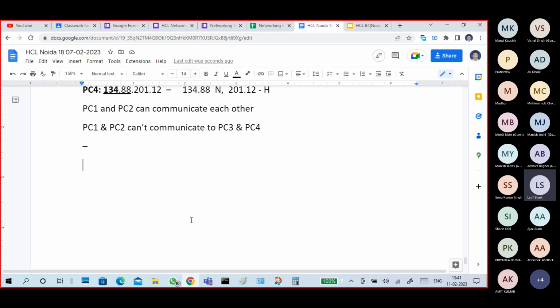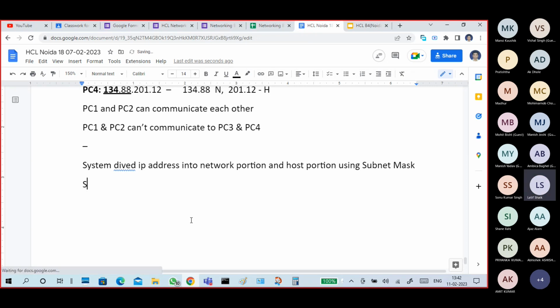How will the system understand? The system divides the IP address into network portion and host portion using the subnet mask. What is the use of this subnet mask?